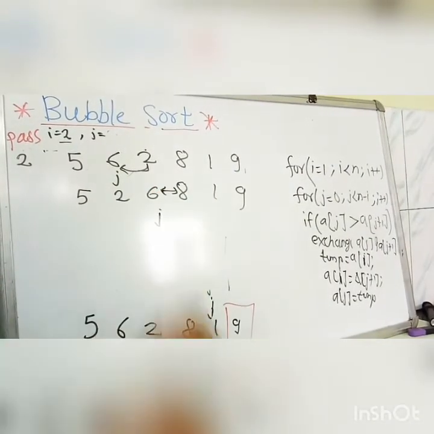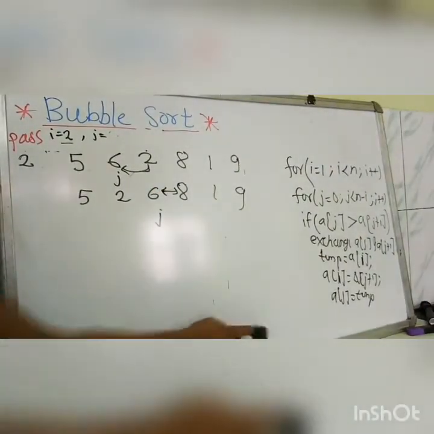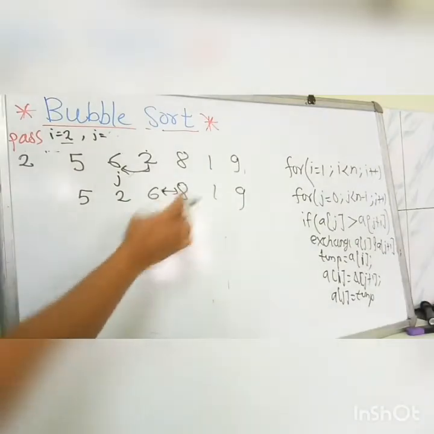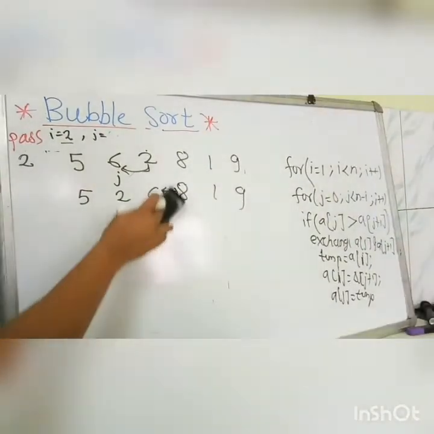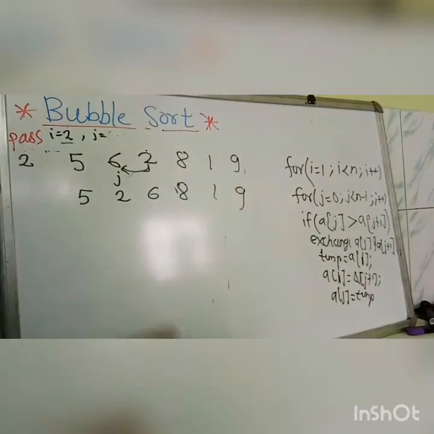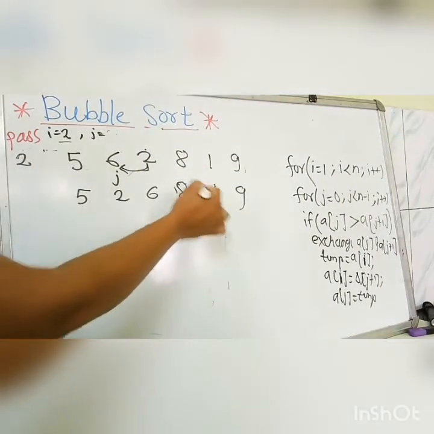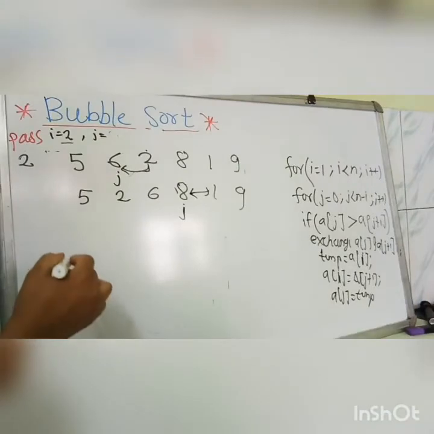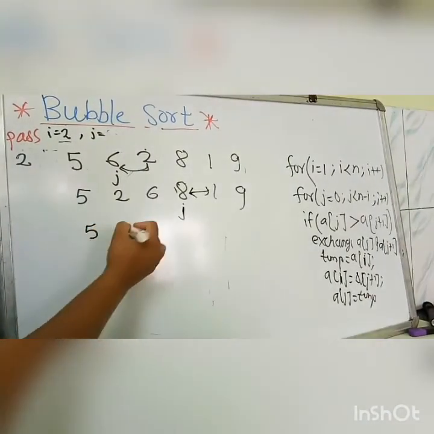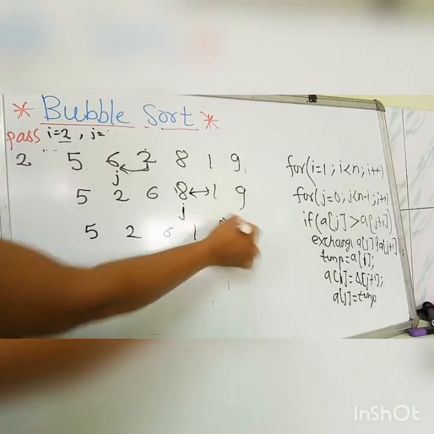It compares these two elements, and as 6 is not greater than 8, we will shift to the next. That is, here j comes, here it will compare with itself and swaps 1, 8, 9.